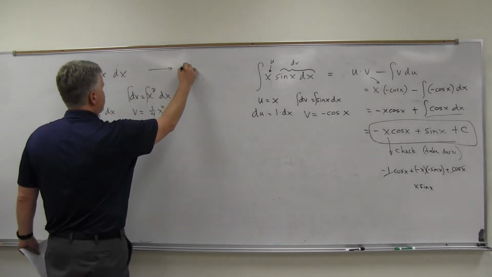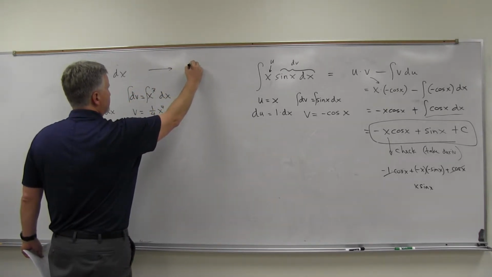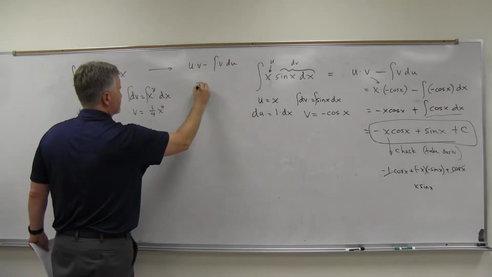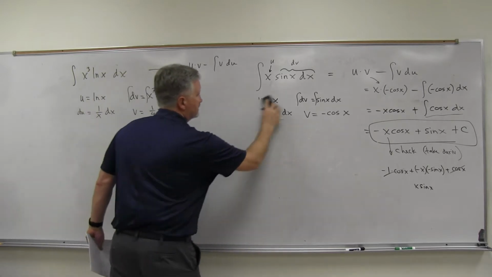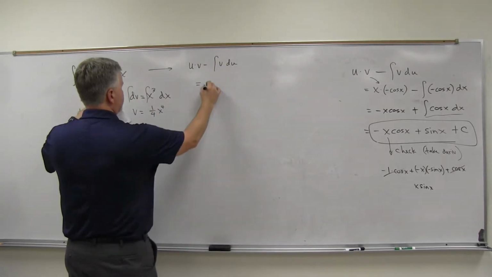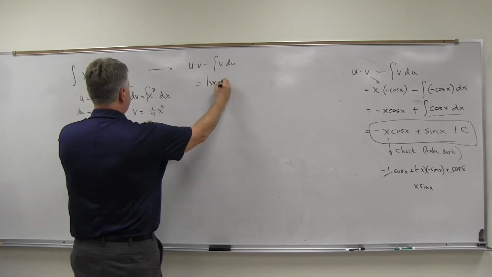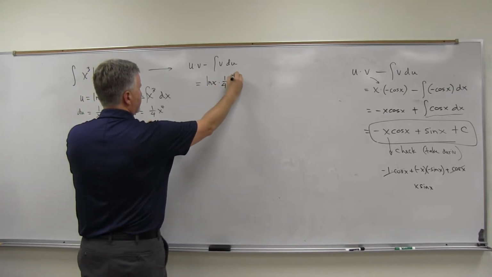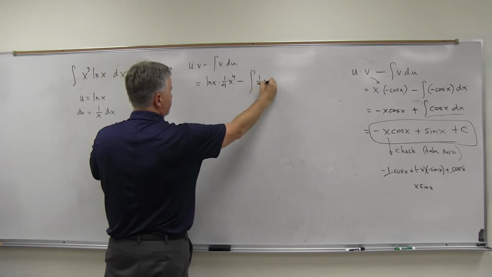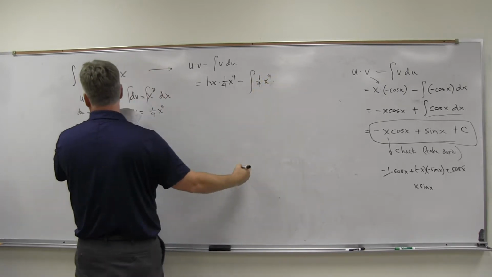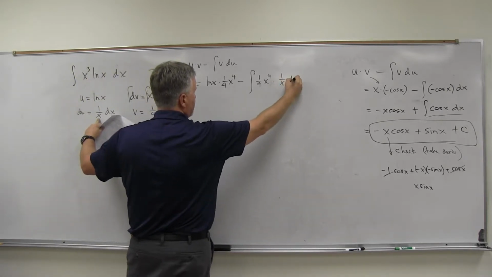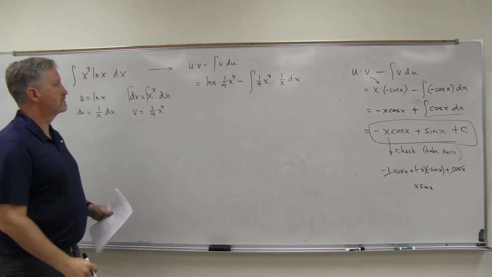So this would be u times v minus the integral of v du. Well, u times v would be ln of x times 1/4 x to the 4th minus the integral of 1/4 x to the 4th times du, so 1 over x dx. That's going to work out, isn't it?